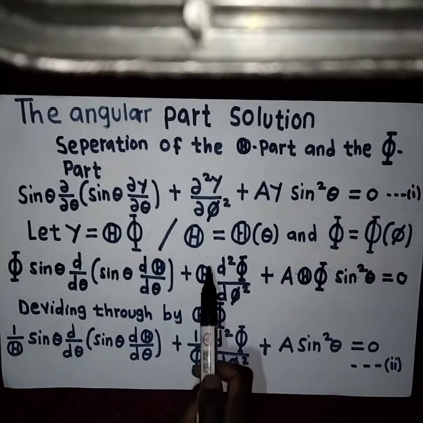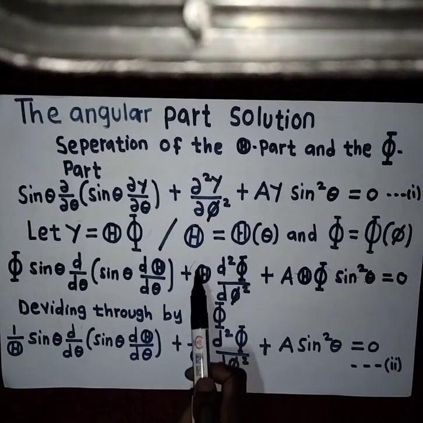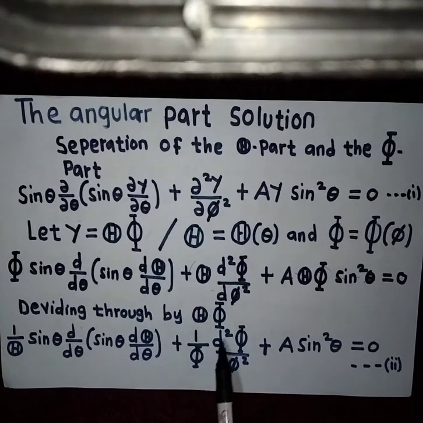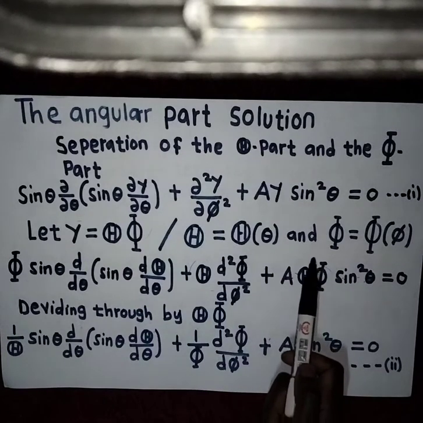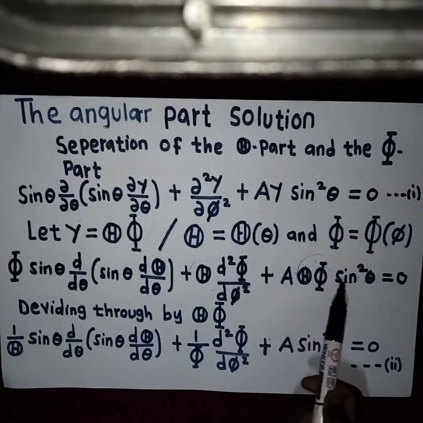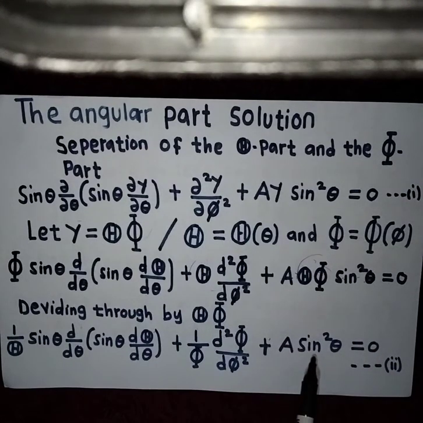Plus, dividing by theta phi, theta goes with theta and I remain with 1 over phi d squared phi over d phi squared. Plus, dividing by theta phi, I remain with a sine squared theta. So lastly, I have 1 over theta sine theta d theta into sine theta d theta over d theta plus 1 over phi d squared phi over d phi squared plus a sine squared theta is equal to 0.